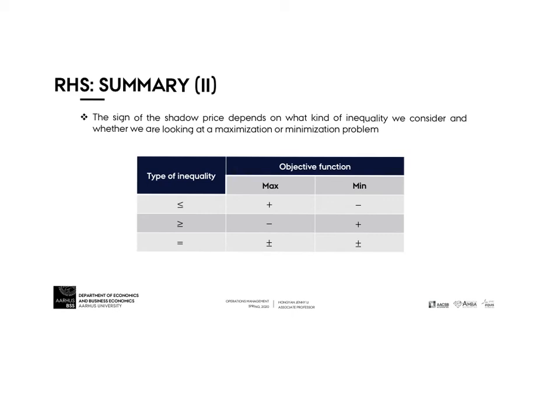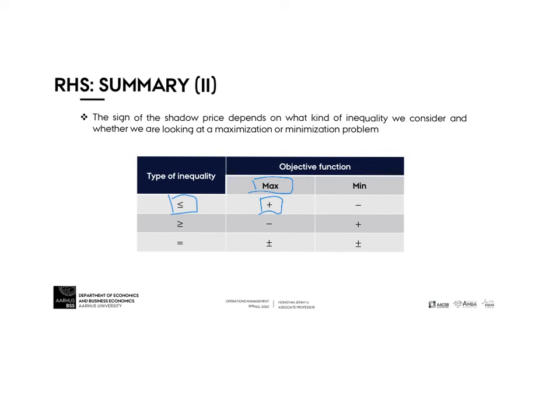We can categorize the sign of the shadow price by the objective function type and the inequality type of your constraints. In our case, the objective is to maximize total contribution margin, and all our 4 constraints are less than or equal constraints. So for binding constraints, your shadow price should be positive. All the non-binding constraints should be 0.